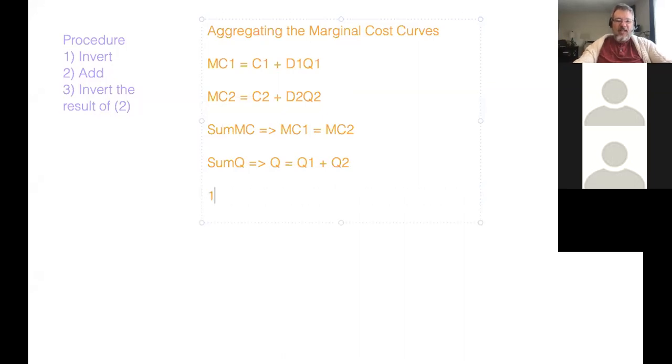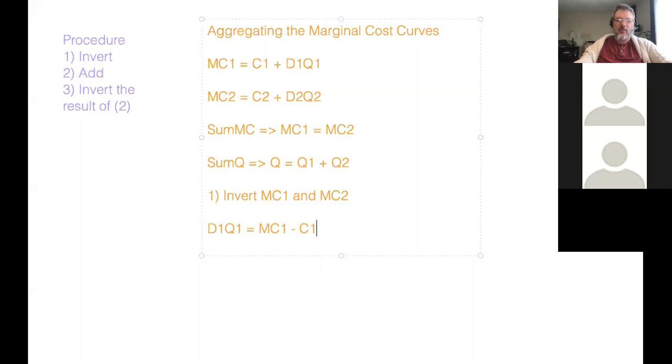So our step one, we said, was we want to invert these equations, MC1 and MC2. If we do that, remember, we're going to drag the quantities over to the left-hand side. And so we would end up with D1 Q1 is equal to MC1 minus C1.